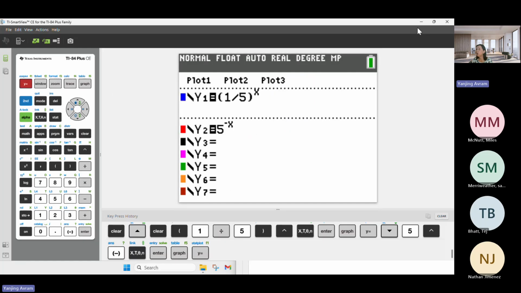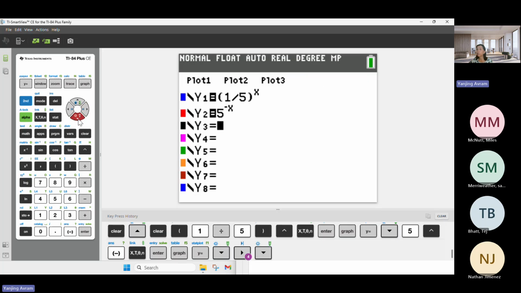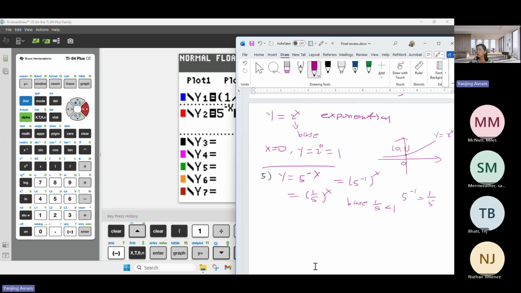Now, trying to look at the original question.